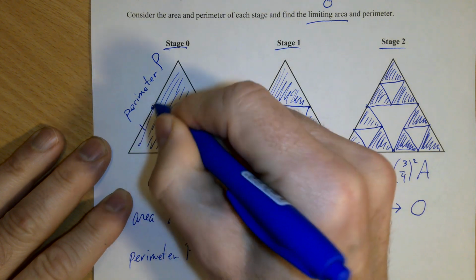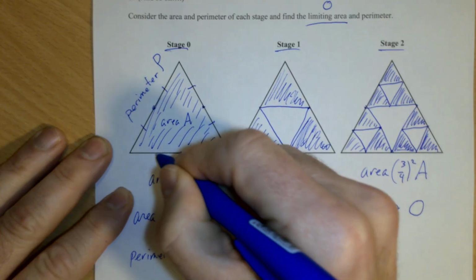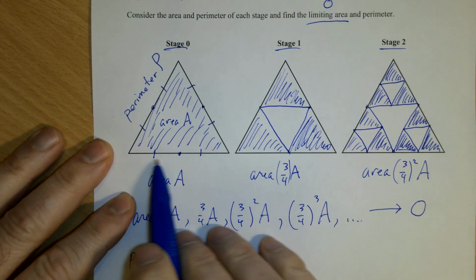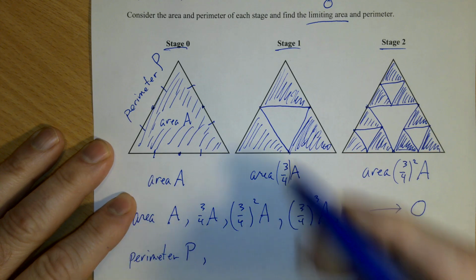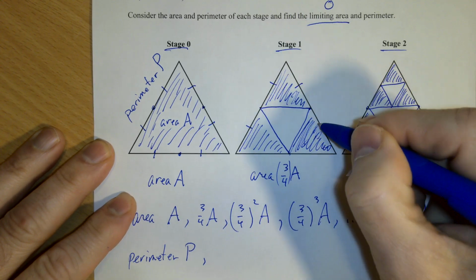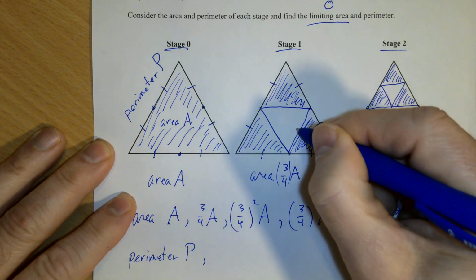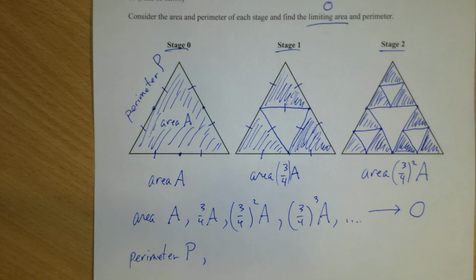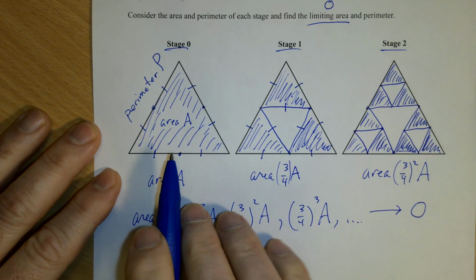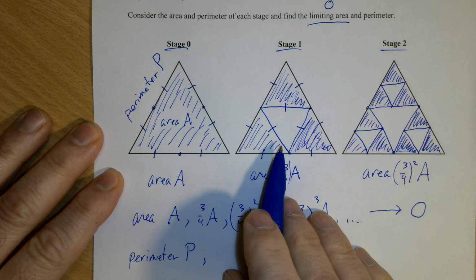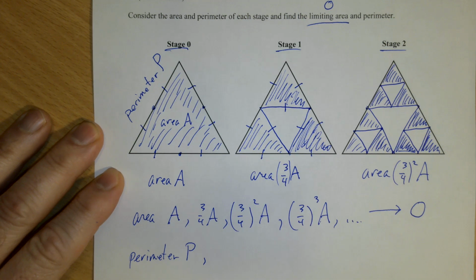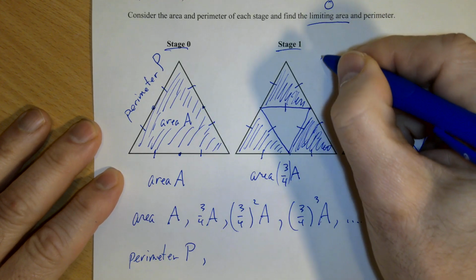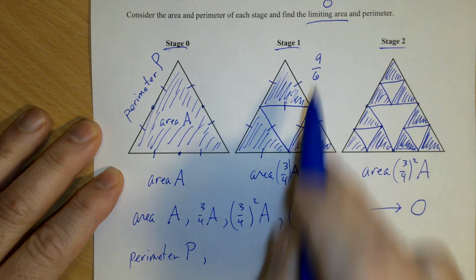So instead of having 1, 2, 3, 4, 5, 6 of those half sides, I'm just putting a mark in there to indicate that they're all the same length. We now have 1, 2, 3, 4, 5, 6, 7, 8, 9. So we basically went from 6 to 9. How did we increase? What used to be 6 is now 9.